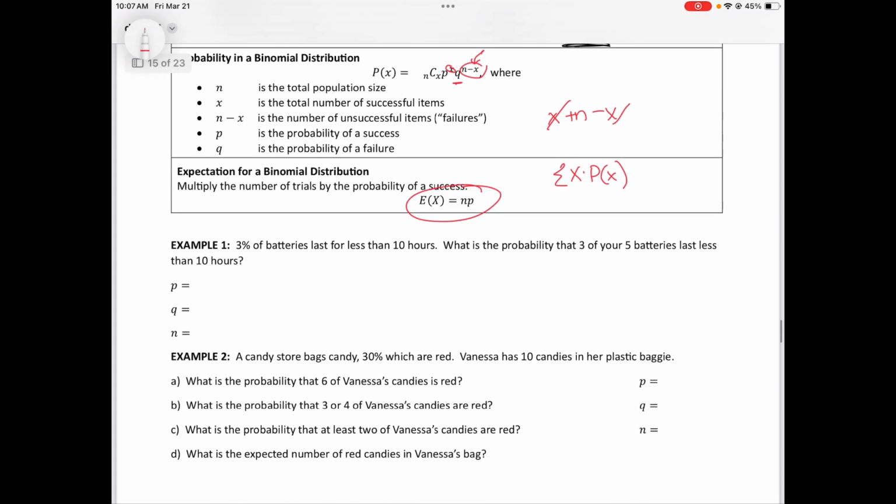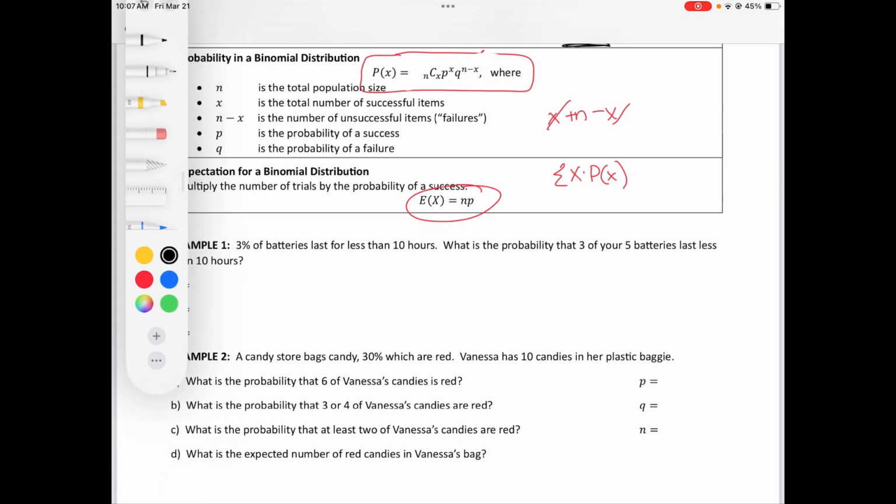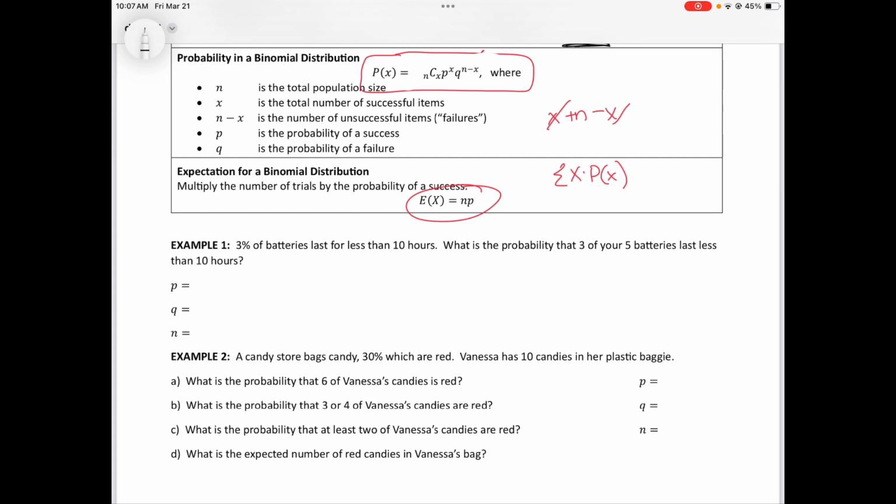I'm going to leave this here up top to reference. Example 1: 3% of batteries last for less than 10 hours. While reading this, we have to think: is a success lasting less than 10 hours, or lasting 10 hours or more?